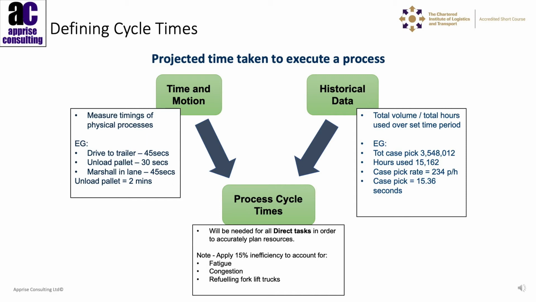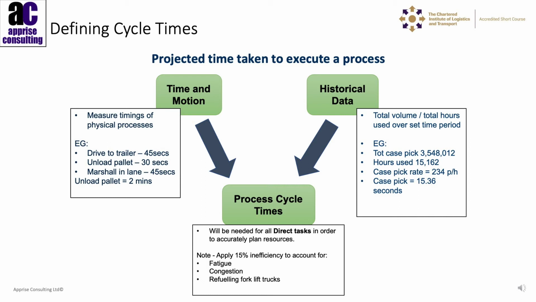On the right hand side, we've got an outbound process, so picking cases. So in this example, we've got a total case pick of just over 3.5 million during the period, total hours used just over 15,000, which gives us a case pick rate of 234 cases per hour, or a case picked every 15.36 seconds.